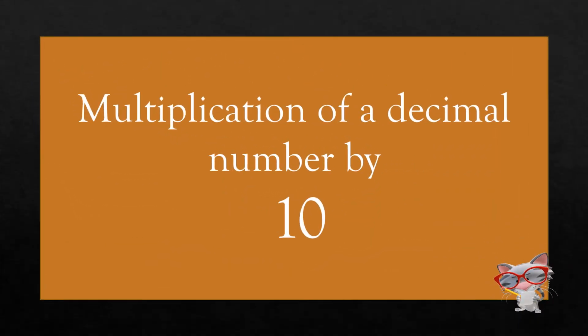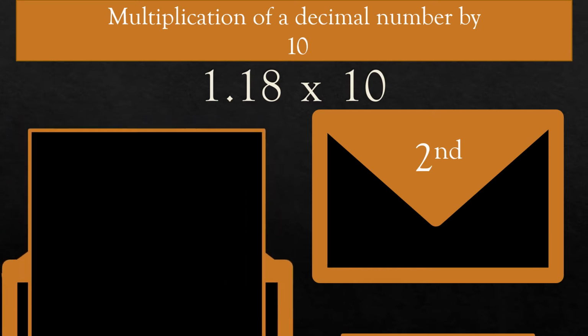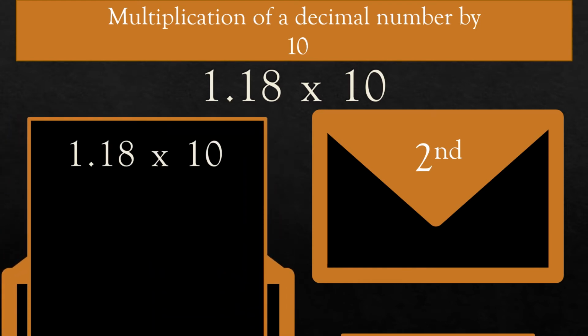Let us study multiplication of a decimal number by 10. 1.18 multiplied by 10. There are two ways to solve this question. You can use any one of the methods. First way: if we multiply 1.18 by 10, the decimal point shifts one place to the right. So the answer is 11.80.